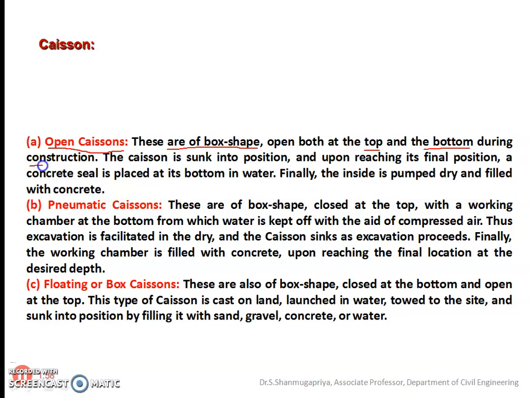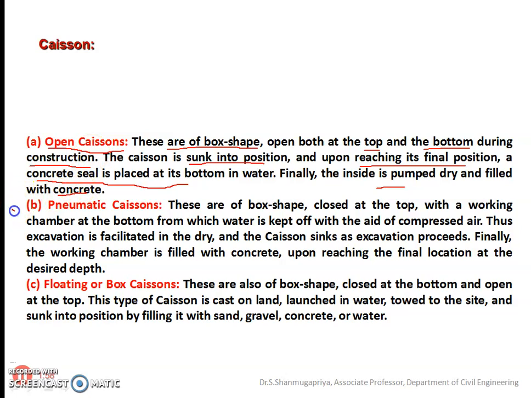After being built above the ground level, it is sunk into position, and upon reaching its final position under the water, a concrete seal is placed at its bottom in the water. Finally, the inside is pumped dry and filled with concrete. That we call the open caisson.